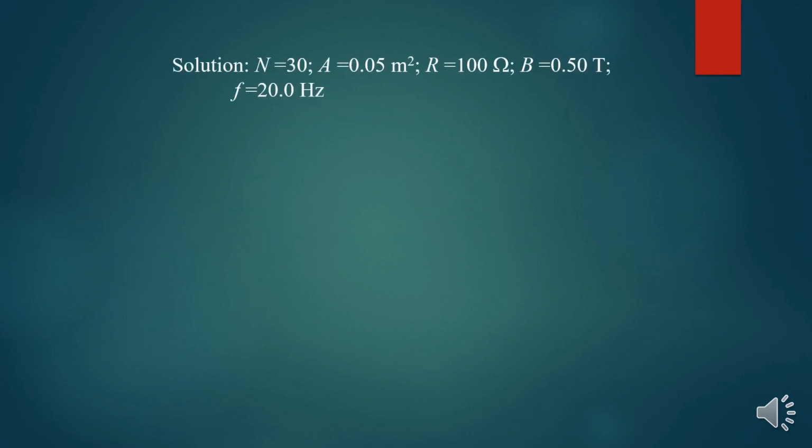Question A. Take out all the values given: number of turns N equal to 30, cross-sectional area A 0.05 meter squared, R equal to 100 ohm, magnetic field B equal to 0.50 Tesla, and f equal to 20 Hz.